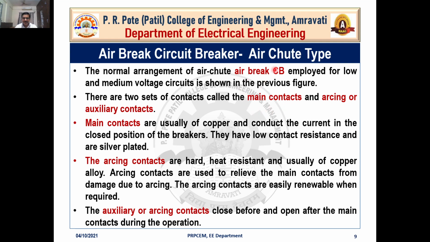The first contact we call the main contact, and the other contact we call the arcing or auxiliary contact. The main contacts are usually made of copper and conduct the current in the closed position of the circuit breaker.